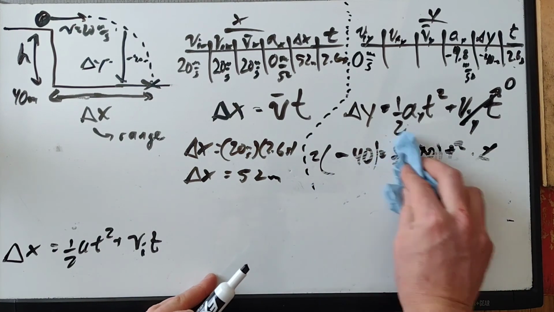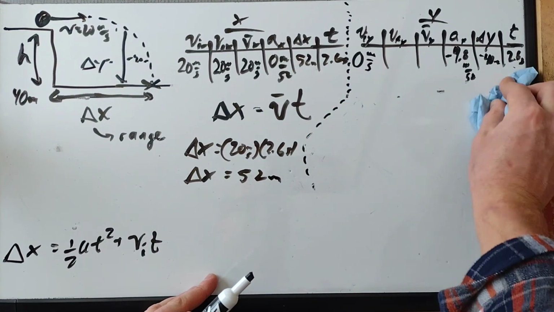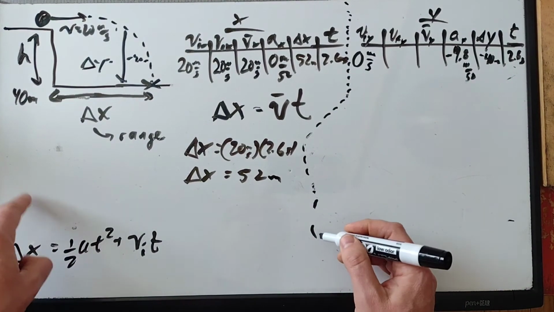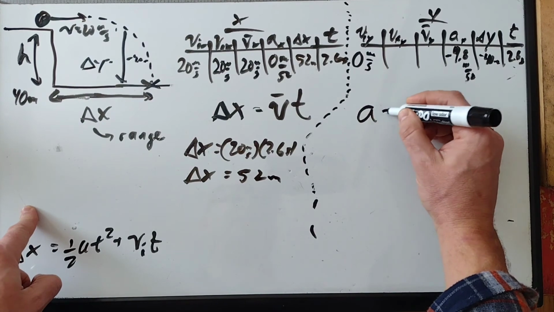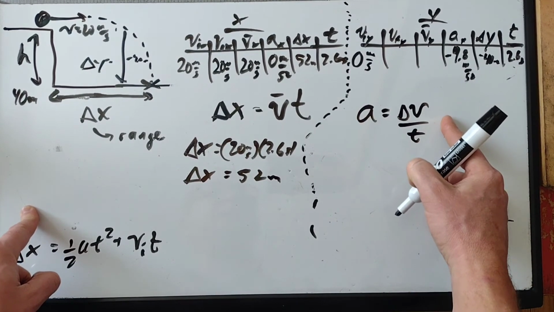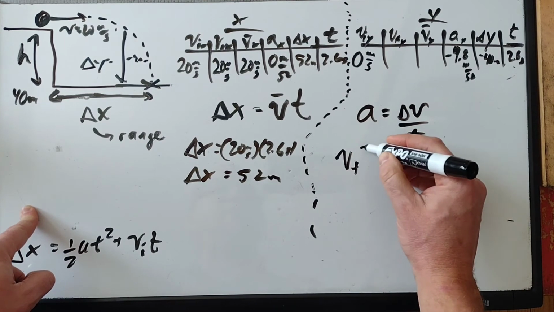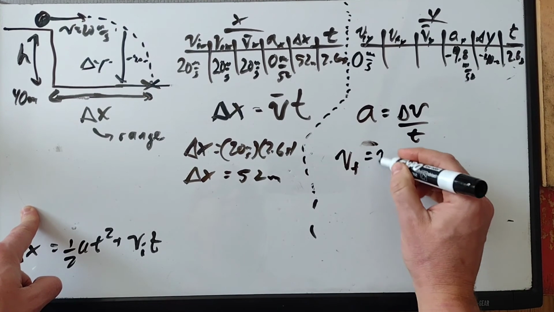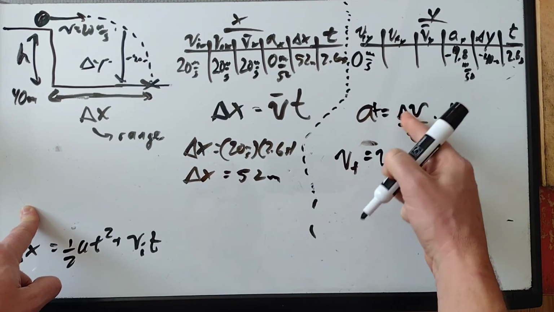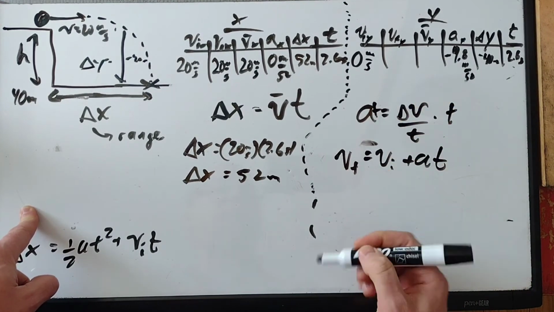So in order to get that, I'm going to back up. I had that equation over here that was acceleration equals change in velocity over time. And I can solve this for final velocity. V final equals V initial plus at. You multiply both sides by t. Delta V is V final minus V initial. You end up here.